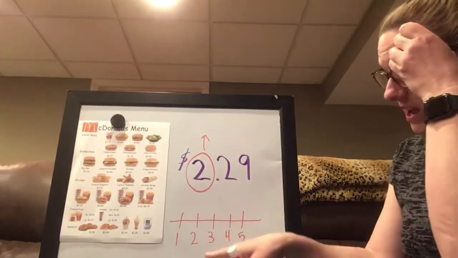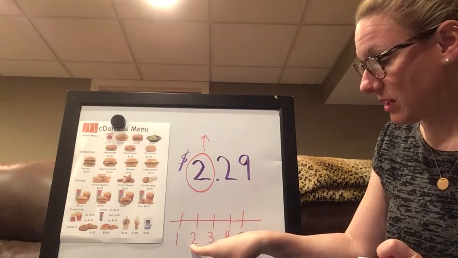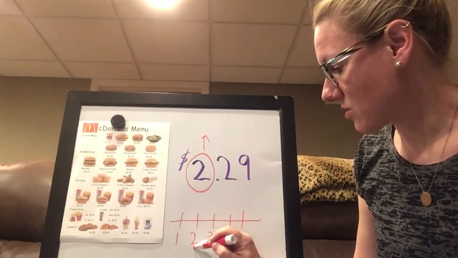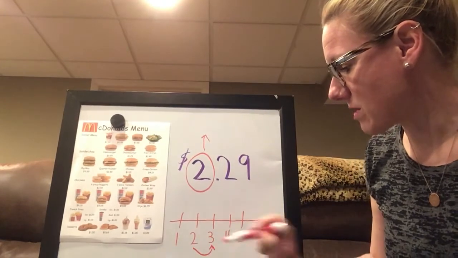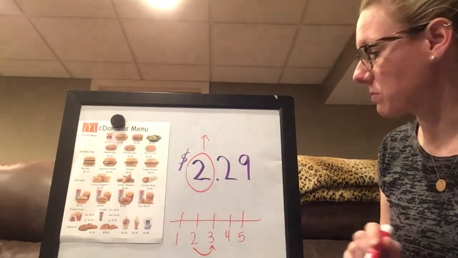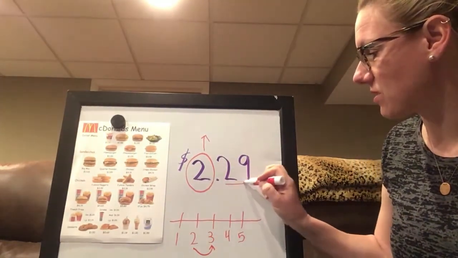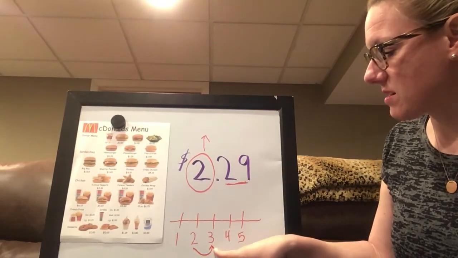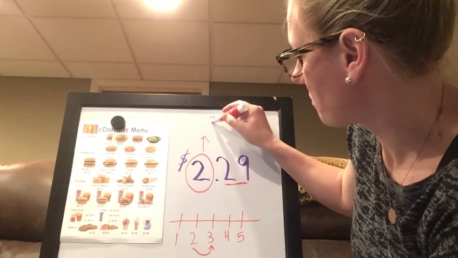You would be able to find the dollar amount on a number line, which is here, 2. And then you're going to go up one more dollar or add one more dollar to make sure you have enough for the change. So I know 2 plus 1 is 3.